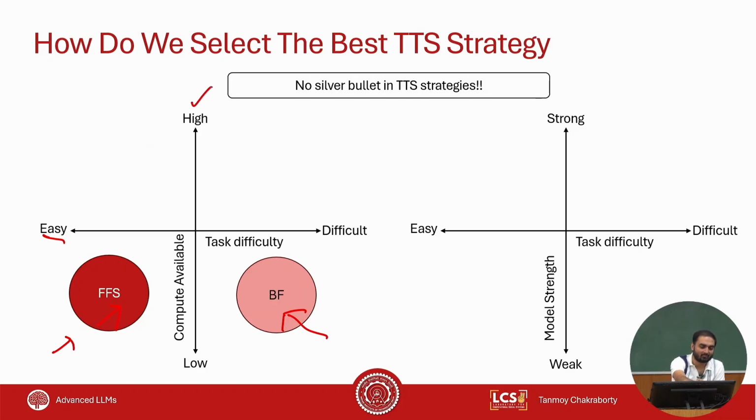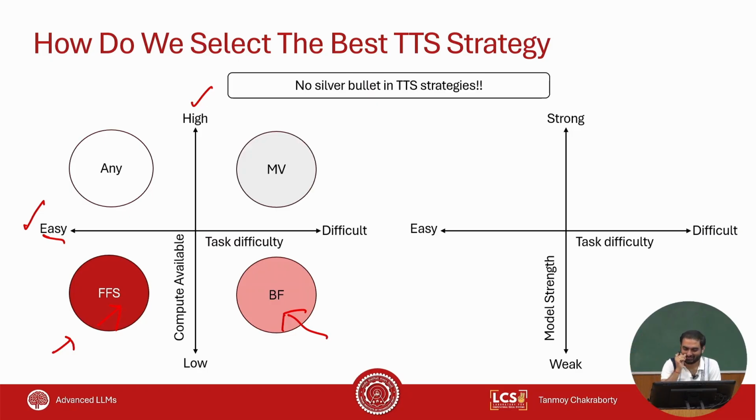If you have high compute and an easy question, then any model. If you have high compute and a difficult question, you have a lot of compute, infinite compute. Parallel search, but which method? Majority voting. Majority voting is always good. Remember this, because you are actually generating multiple branches.